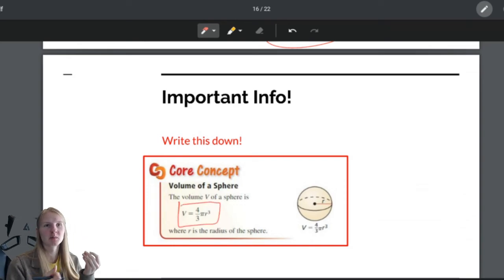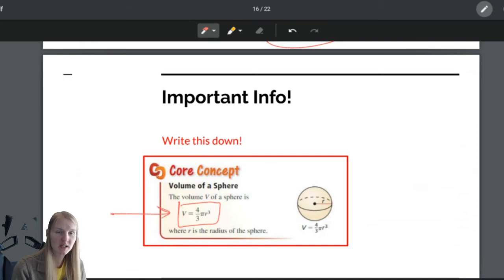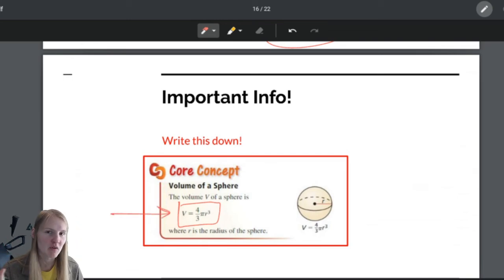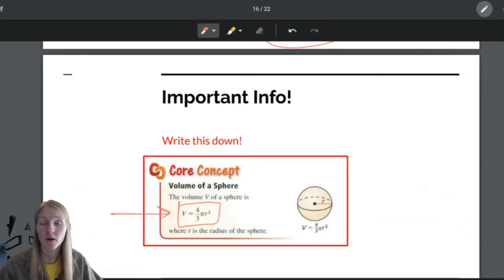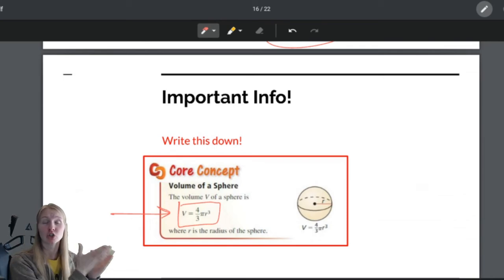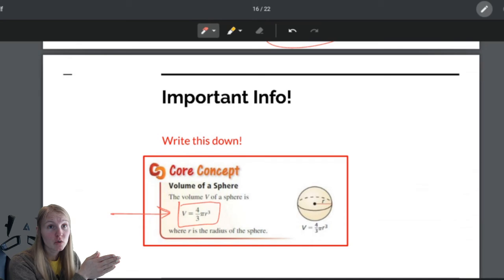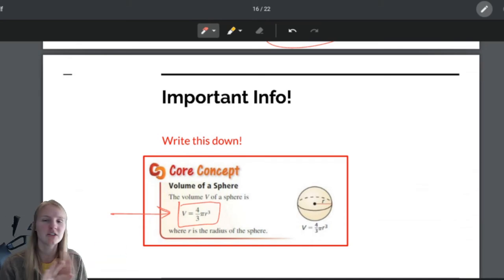I hope you see these problems go pretty quick, because it's just using formulas. This is not my favorite part of math, and I don't want you to get confused that, oh wow, math is just taking formulas and plugging in numbers. Like, no, math is a lot more than that. Math is about how to use these formulas and knowing when to apply these formulas. So please don't think like, wow, math is so boring.